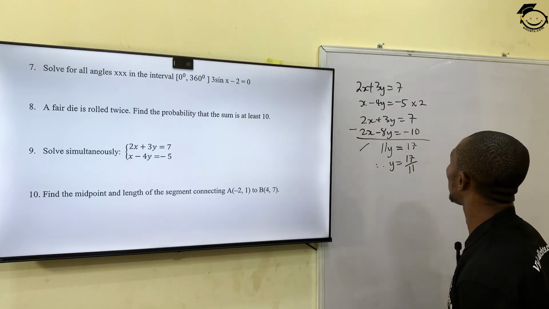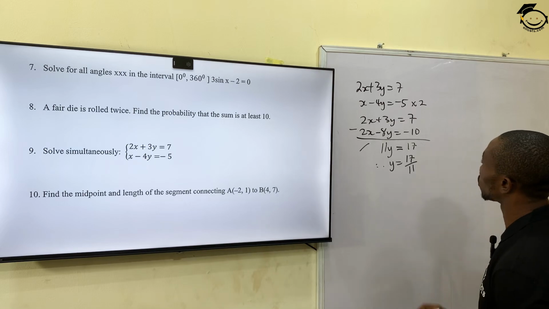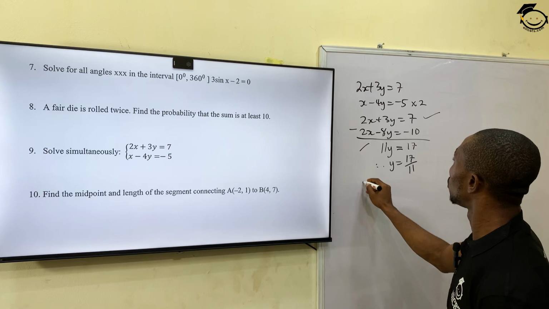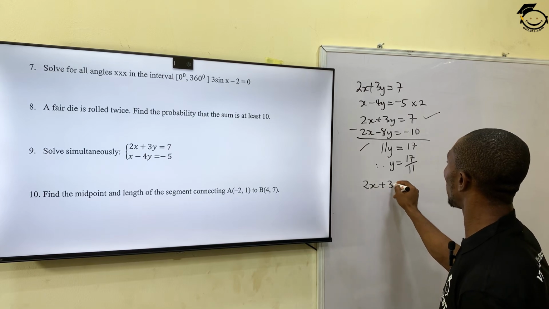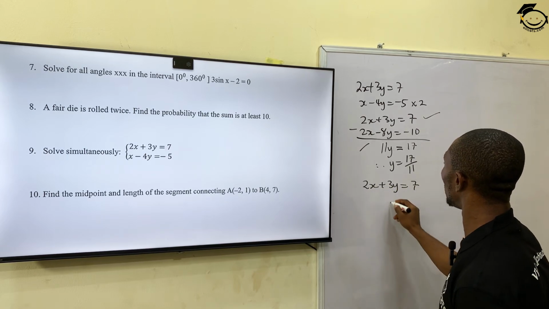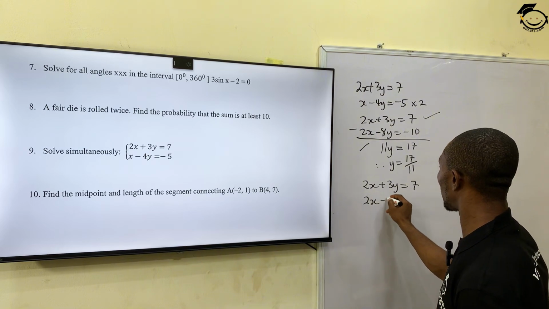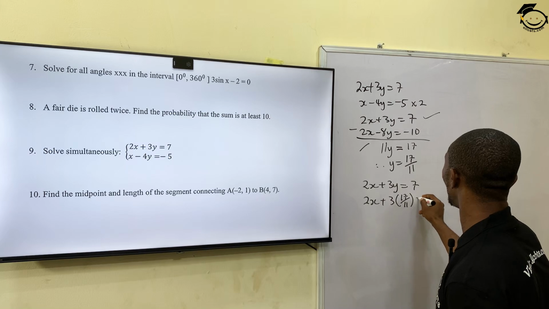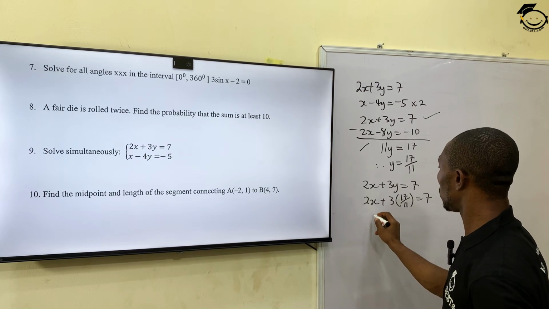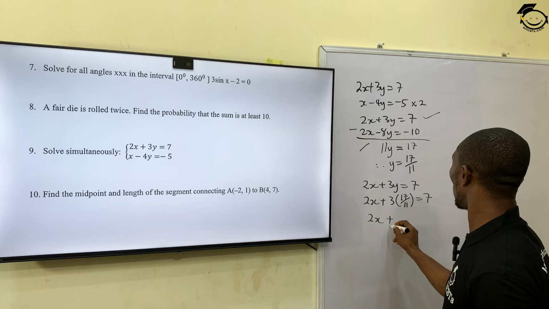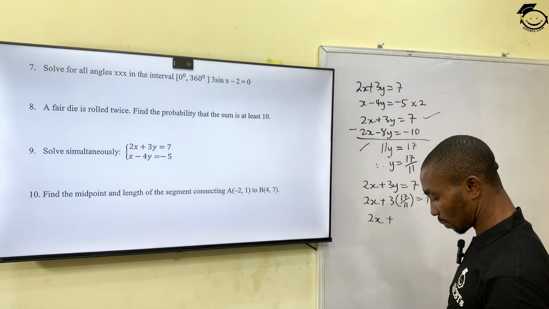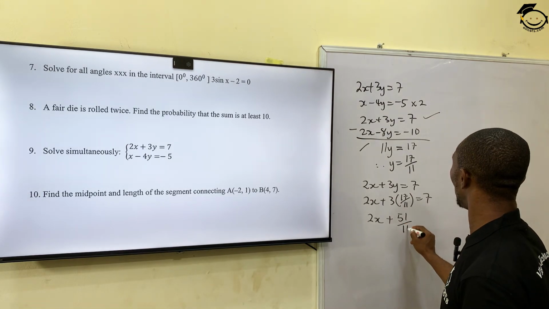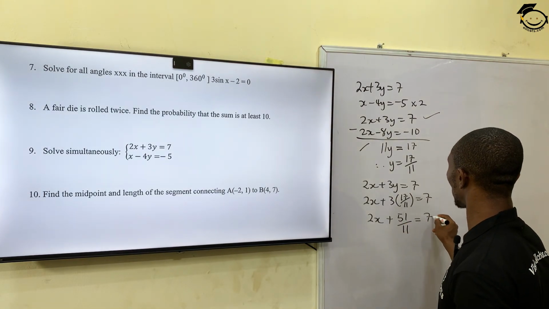If y equals 17 over 11, substituting for y into our equation 1, 2x plus 3y equals 7, gives us 2x plus 3 bracket 17 over 11 equals 7. Now this gives us 2x plus 17 times 3, which is 51, all over 11 equals 7.